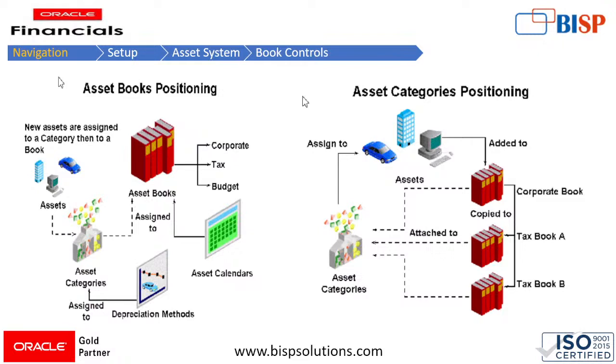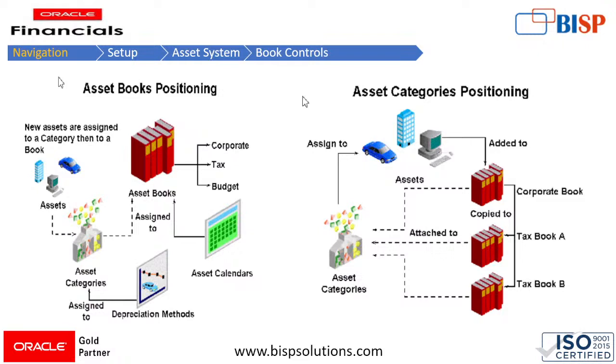Right, so when you define the tax book, you must specify the associated corporate book, and you can mass copy the assets and the transactions from the source book into your tax book.